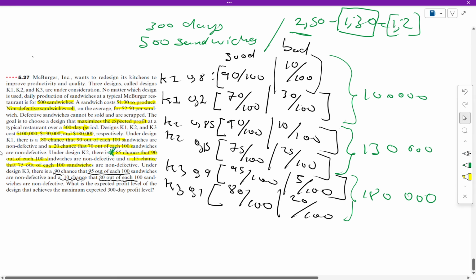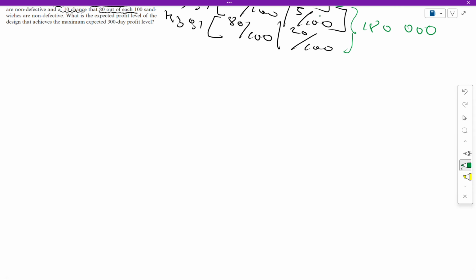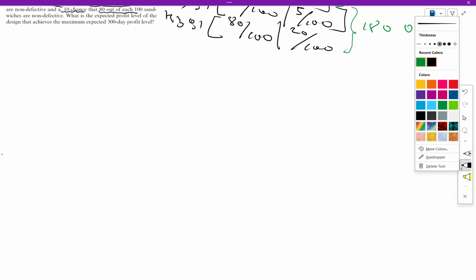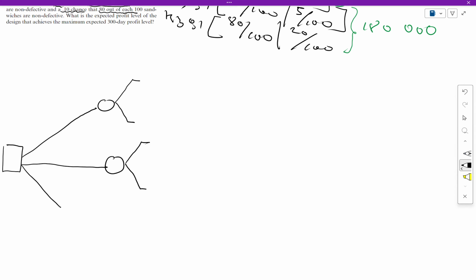Then you come to design your decision tree. This is K1, K2, and K3.